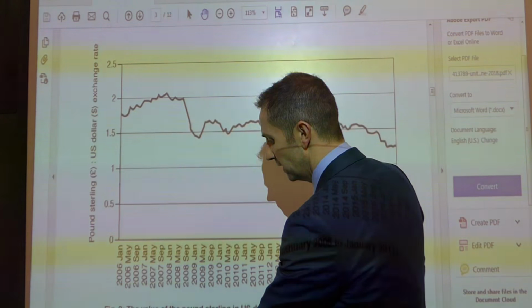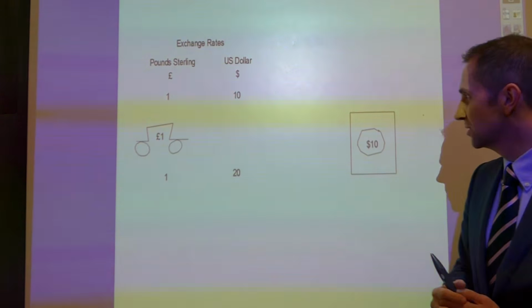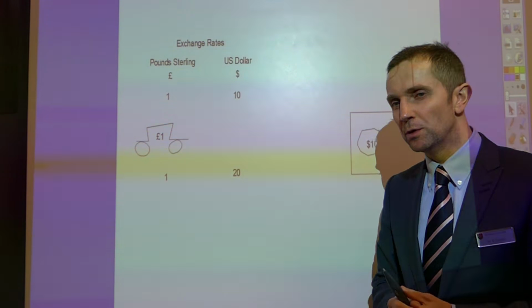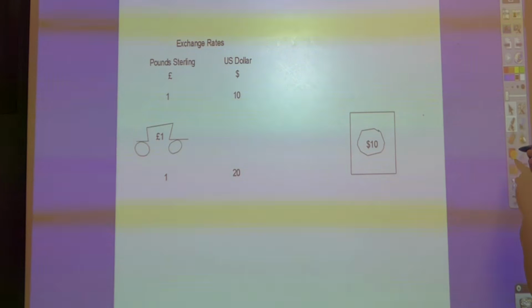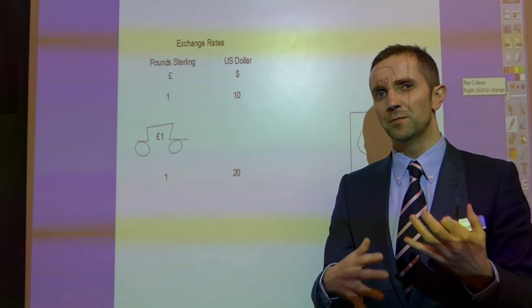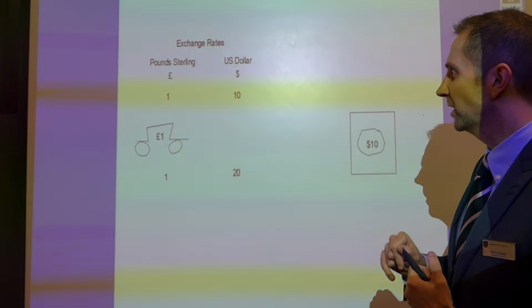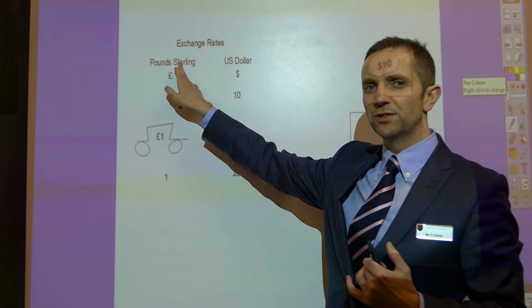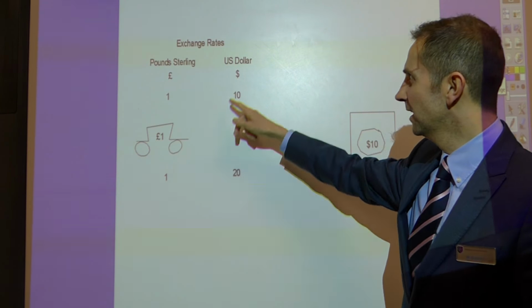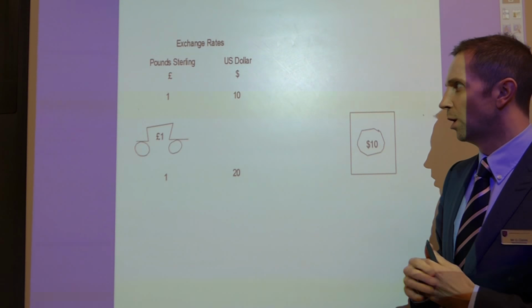So let's have a look at this little example, ladies and gentlemen, which hopefully will help to clarify this for you. Let me just change one or two things around here. So here we have just a simple little table where we have the exchange rate, UK pound sterling and the United States dollar.